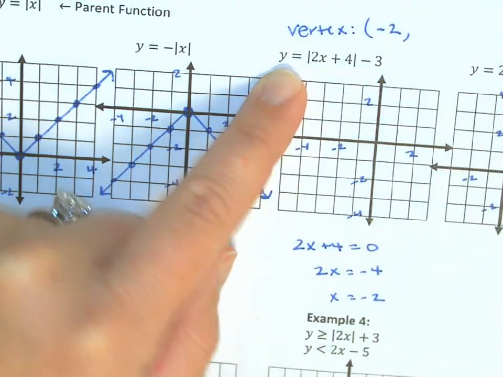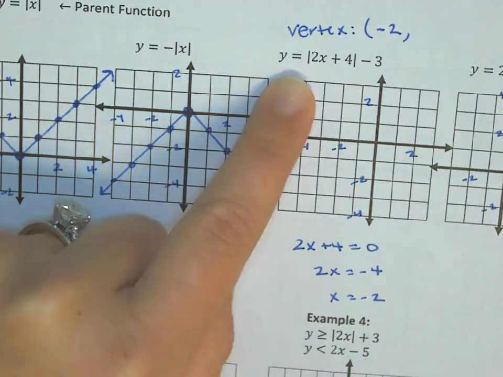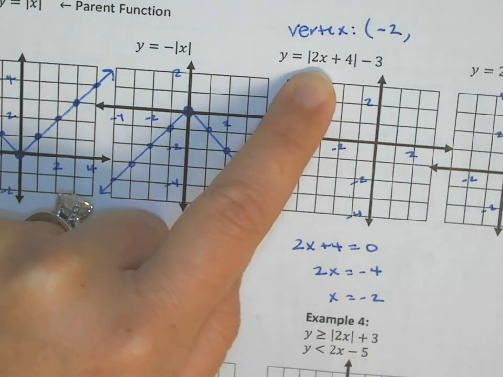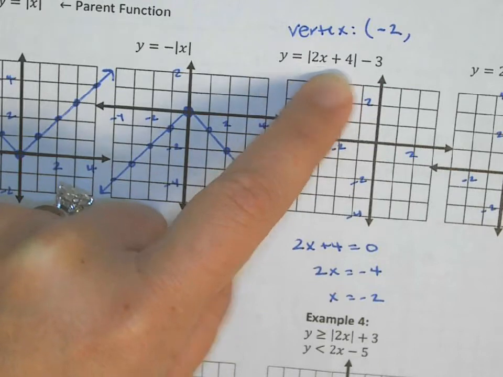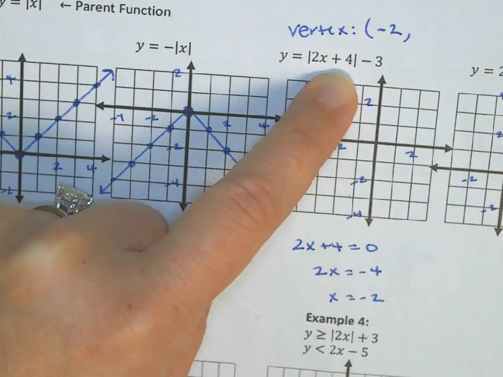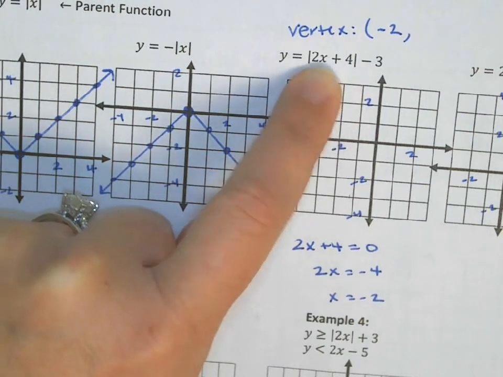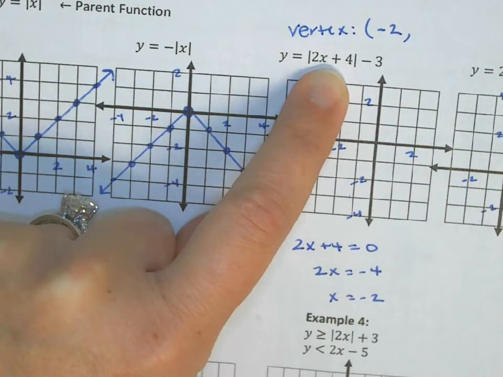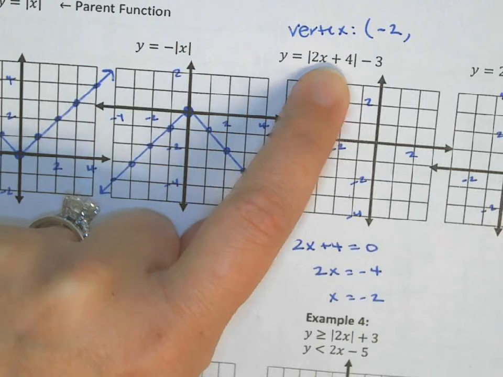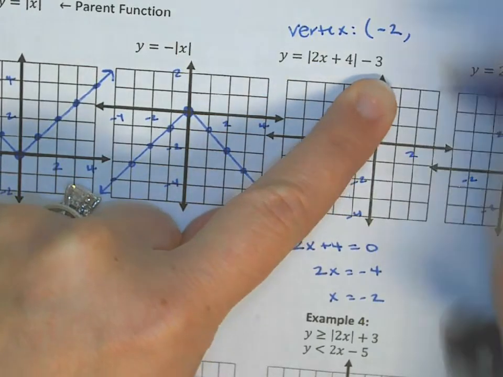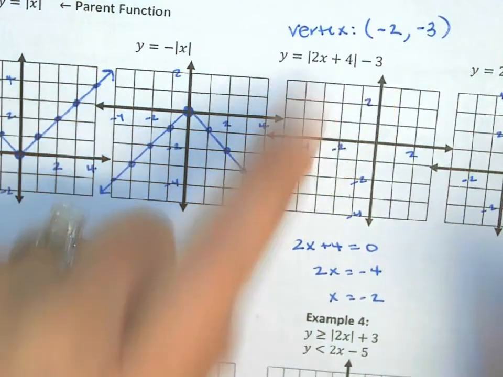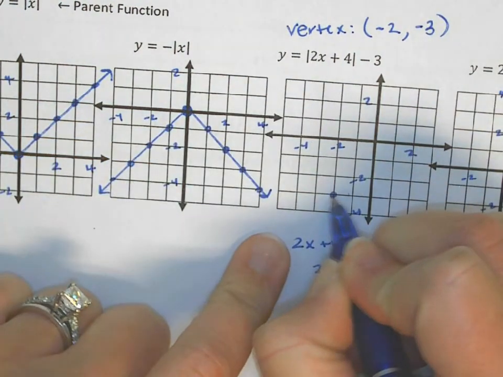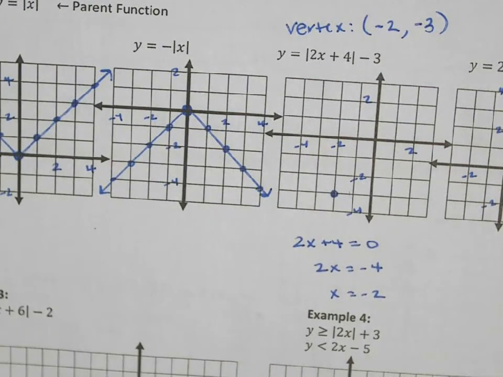I'll have to plug that in to find the y value. 2 times -2 is -4. -4 plus 4 is 0. I should get 0 for the absolute value because I set it equal to 0. I found the x that made it 0. So that turns into 0. What's the absolute value of 0? Still 0. 0 minus 3, -3. So there's my vertex. -2, -3. That's your vertex.